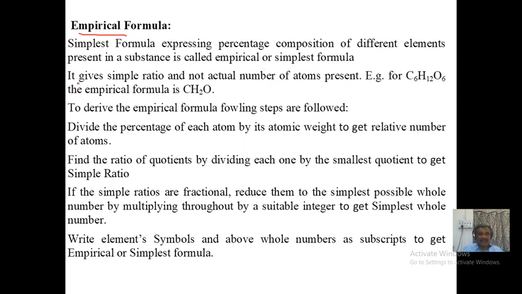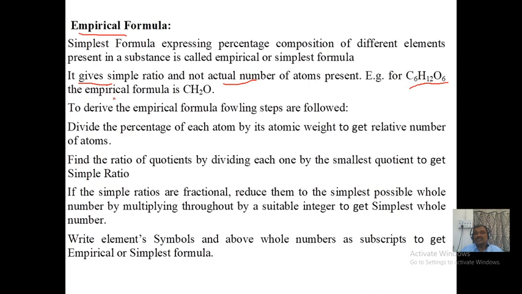One more example. It gives the simple ratio and not the actual number. I am talking about empirical formula, right. It gives a simple ratio and not the actual number of atoms present. For example, you have used this formula for glucose.